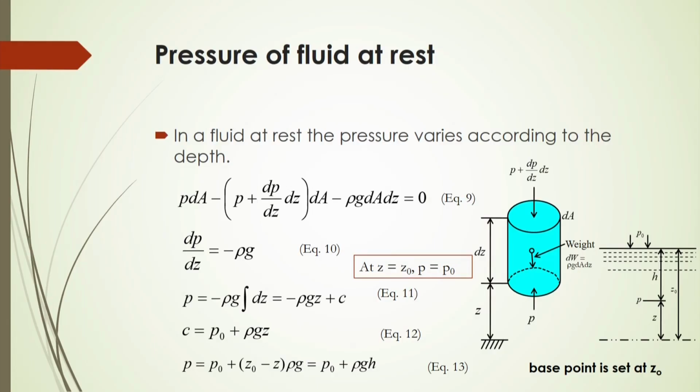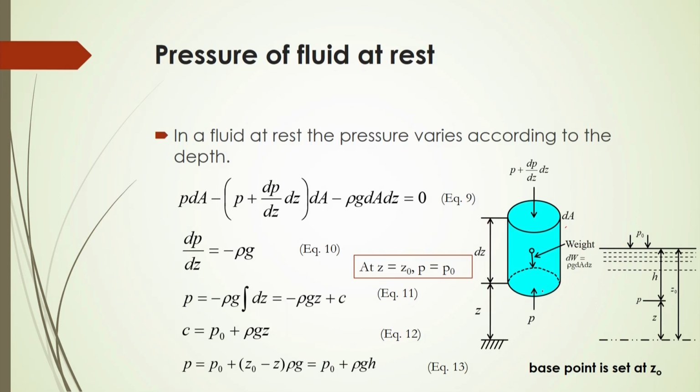Now, if we consider that a fluid is at rest and the pressure varies according to the depth, then if we consider an element of fluid here in this pond, suppose a fluid element like this of height dz, and cross sectional area dA in the z direction, that is the vertical direction.